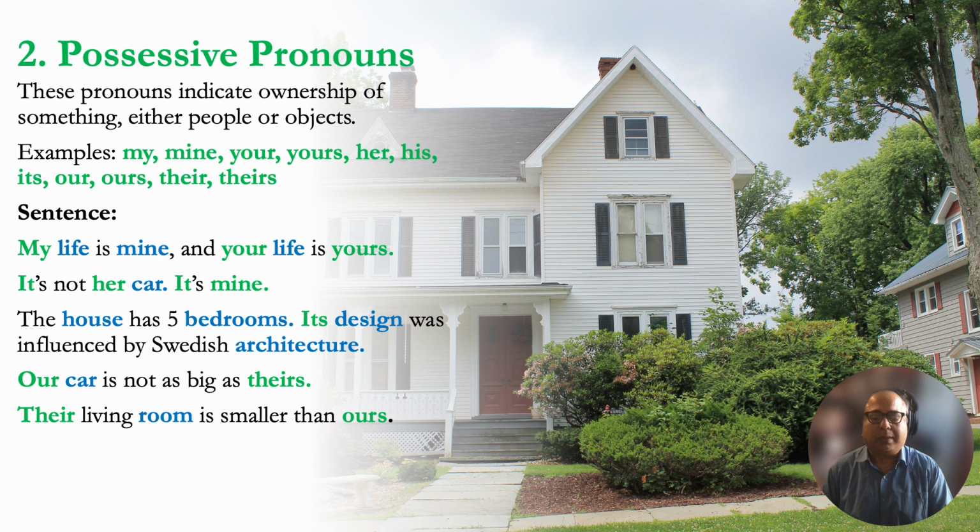So the speaker is obviously more than one person in "our car." It's a plural pronoun, and the car belongs to them. Our car is not as big as theirs, someone else's car. Of course, more than one person there. Their living room is smaller than ours. So possessive pronouns indicate ownership of something, owning something.